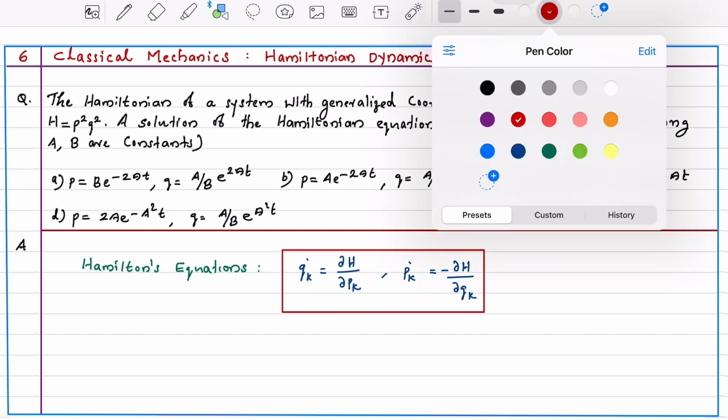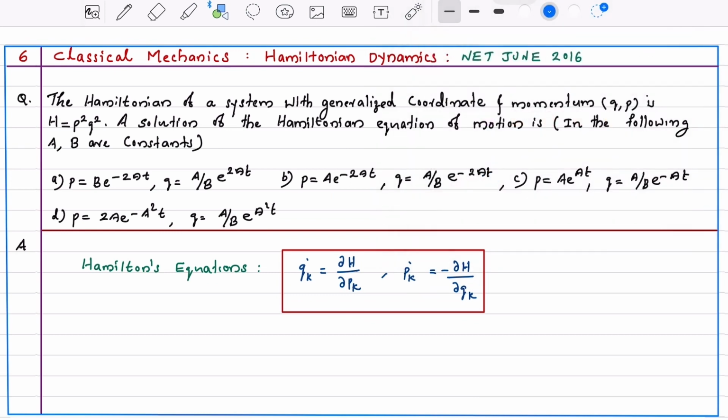In the question, the Hamiltonian H is equal to p squared q squared. So from Hamilton's equation, we can write q dot, that is equal to dou H by dou p, which is equal to 2p q squared.